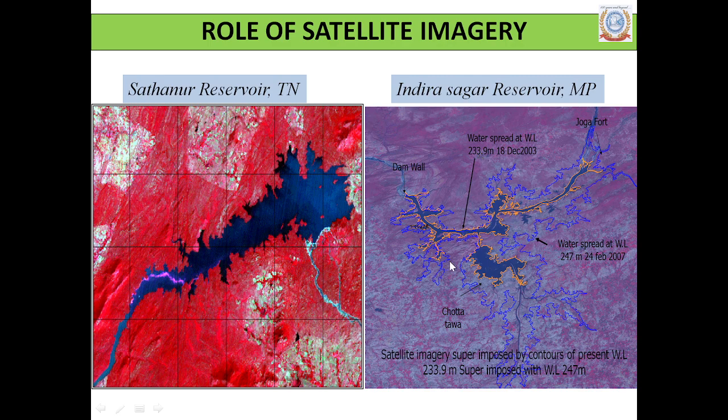Now, when the survey work was taken up, the water spread was at a different level. Sorry, this 247 is not FRL, 262 is FRL. So the water available during the survey was this, whereas this survey was designed like that: from FRL to this MDDL is satellite based bathymetry, and from the bottom to this particular orange line is boat based bathymetry.